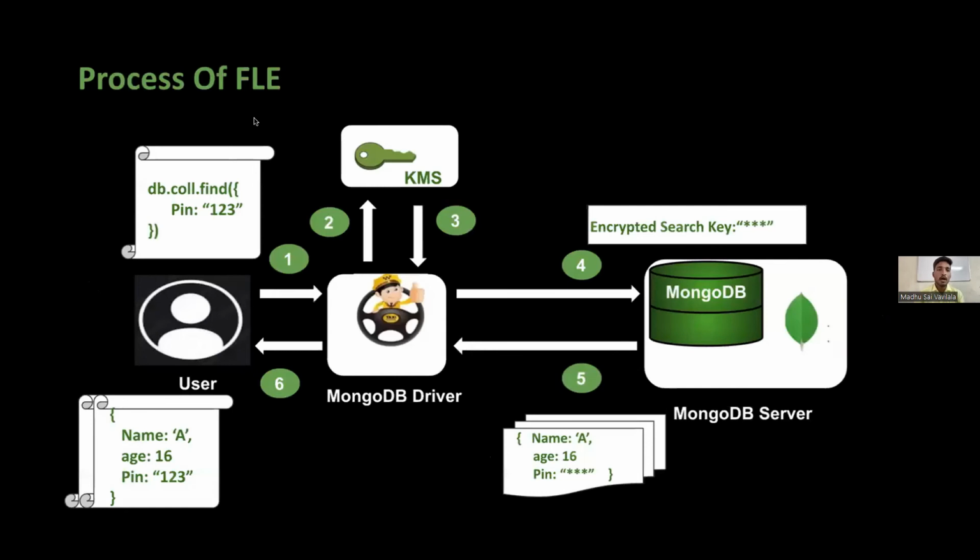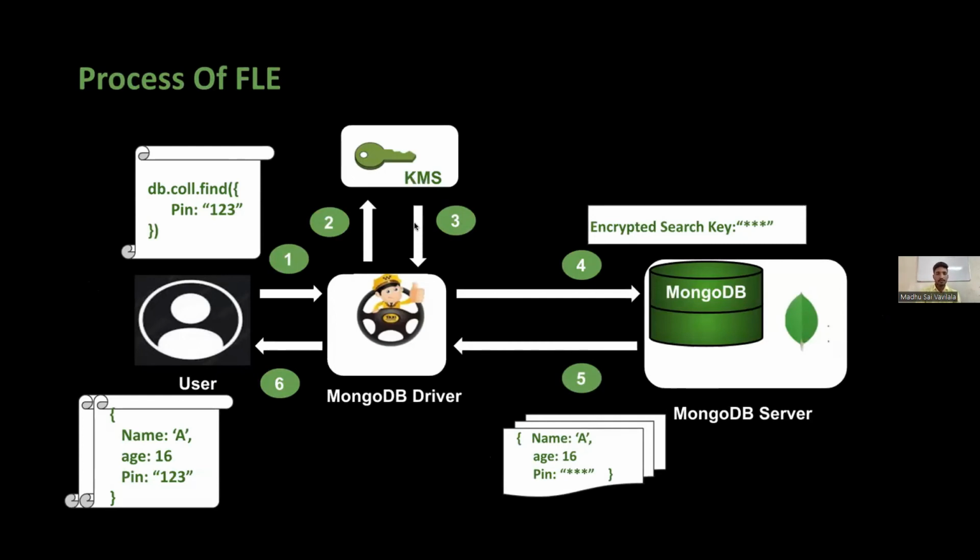Let's see how field level encryption happens at the MongoDB level. A user is querying something from the database, and the driver is involved here. It validates the query. If the query has any field which is encrypted with client-side field level encryption, then the driver fetches the data encryption key from KMS.